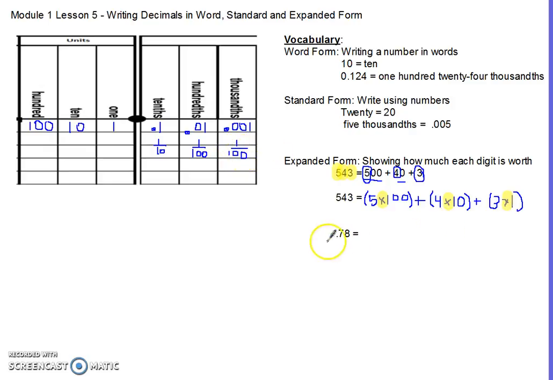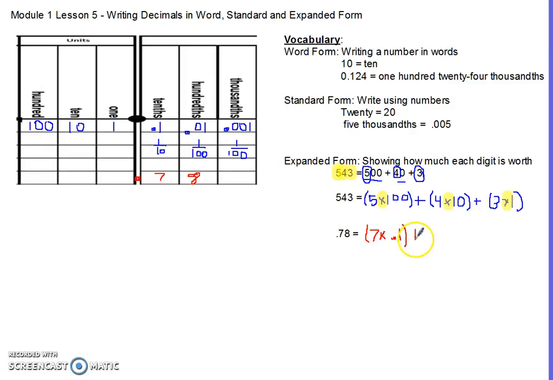All right, so let's take a look down here, 0.78. I'm just going to put it in my place value chart. Okay, and I'm just going to ask myself, I'm going to start here, and that's 7. I have 7 copies, and it is in the tenths place value, so I have 7 copies of tenths.